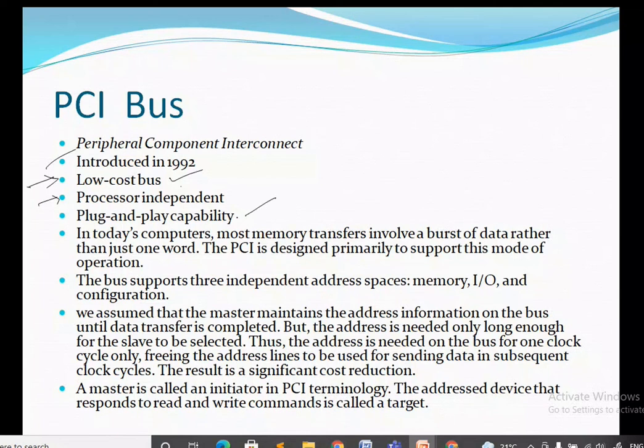As and when you need it, you can connect the device to the PCI bus and perform the operation. If it is not required, you can unplug it and remove it from the PCI bus. Devices can be easily attached and removed. That capability is supported by PCI. Just remember those important characteristics.